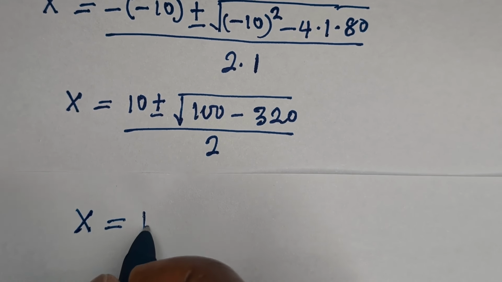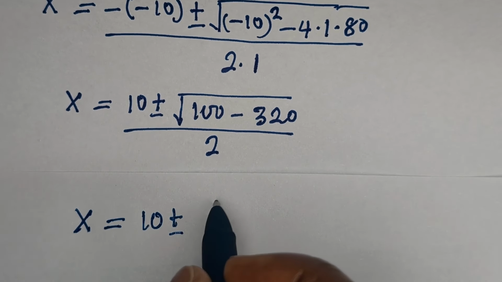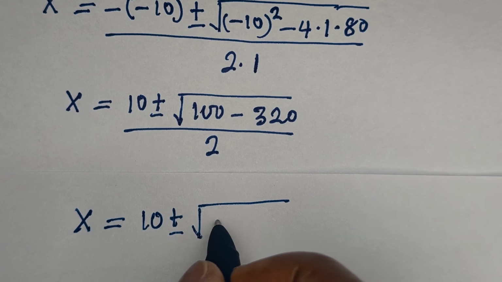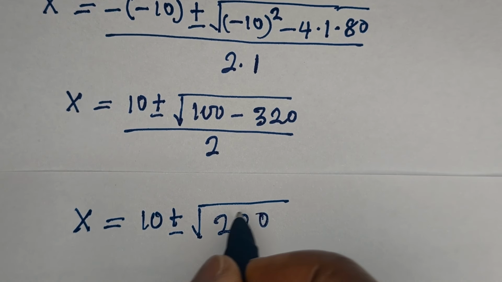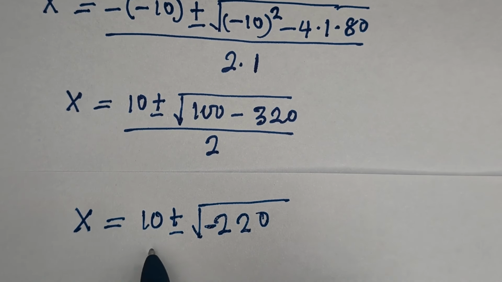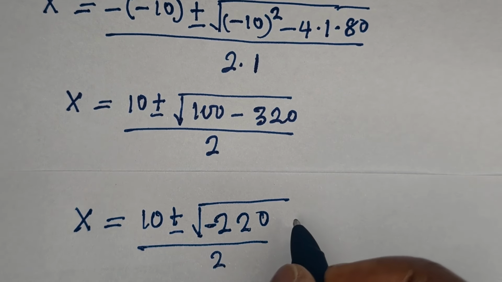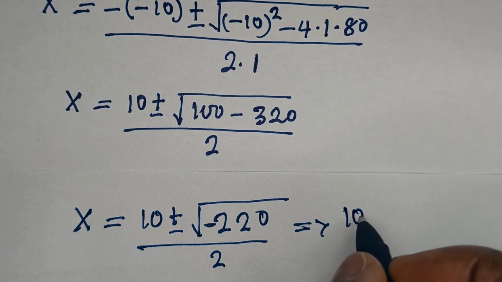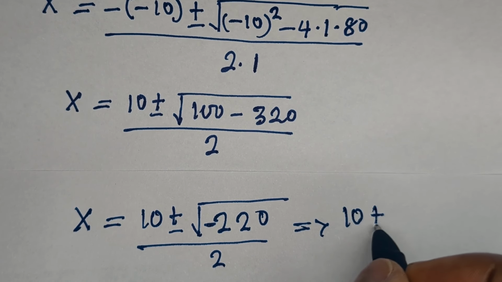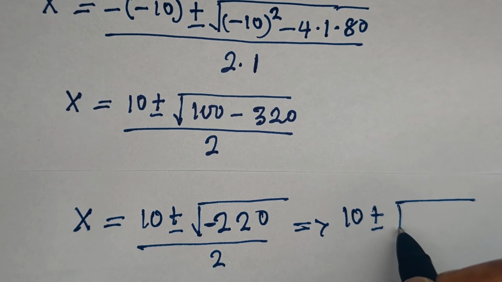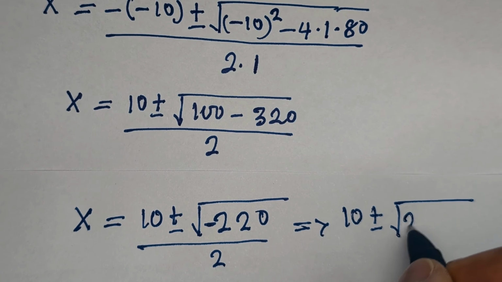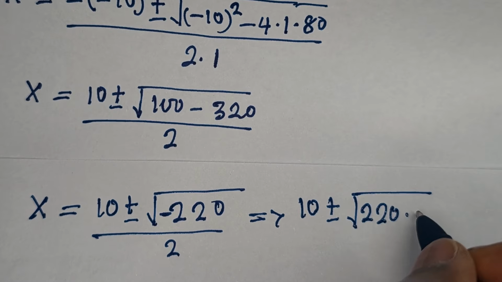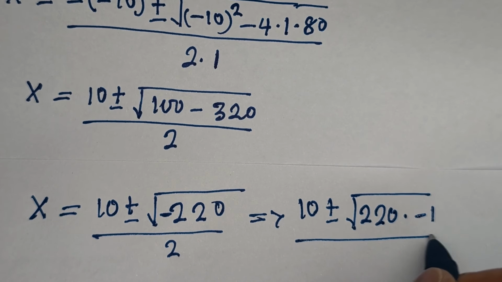x is equal to 10 plus or minus square root of 100 minus 320, that is minus 220, over 2. And this is the same thing as 10 plus or minus square root of minus 220, which can be written as 220 multiplied by minus 1, over 2.